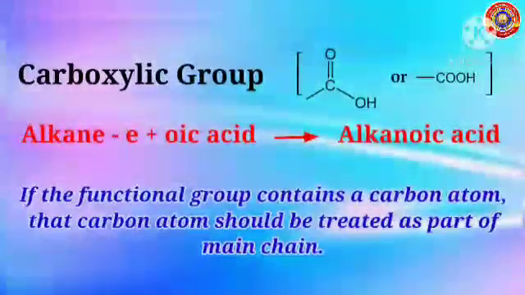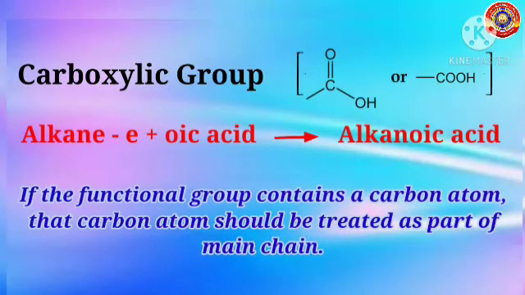Carboxylic group. The functional group COOH is known as carboxylic acid. The IUPAC rule follows the pattern: alkane minus E plus oic acid gives alkanoic acid. If the functional group contains a carbon atom, that carbon atom should be treated as a part of the main chain.